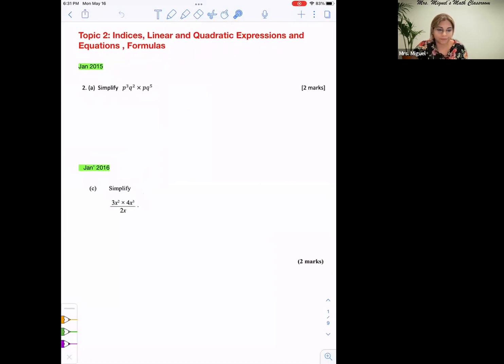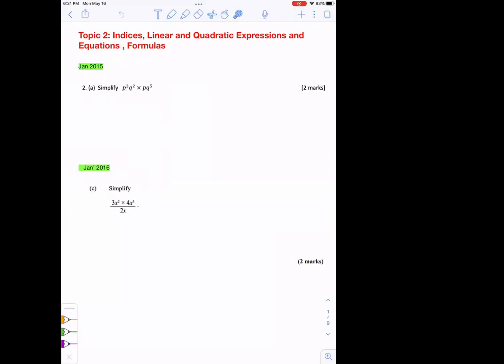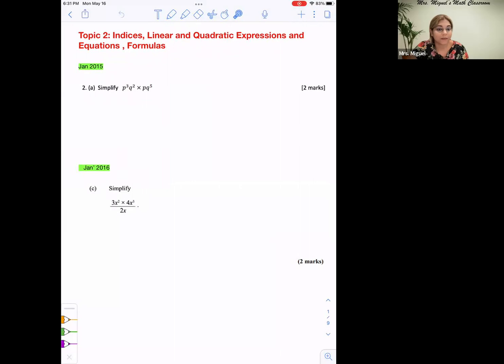They did list some other topics, but algebra is tested on question 2 and question 8 of the CSEC paper 2. So algebra not only comes in question 2, but it also comes in question 8 as well. So let's start.